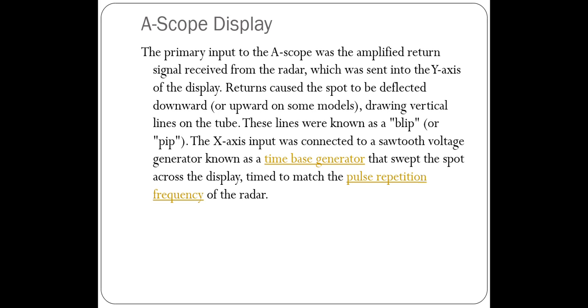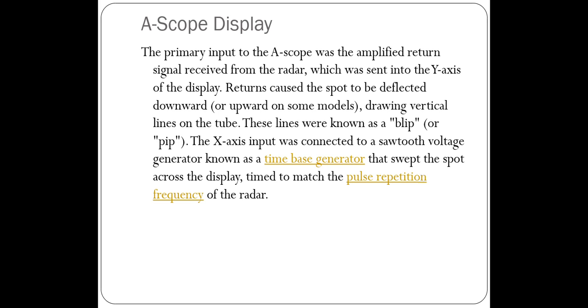A beam is made to scan the CRT screen horizontally by applying a linear sawtooth voltage to the horizontal deflection plates in synchronism with the transmitted pulses.